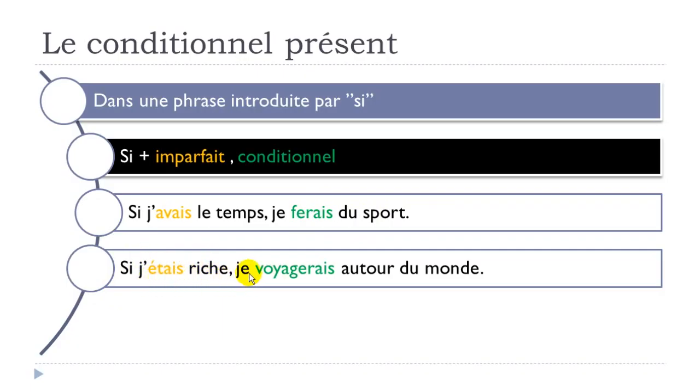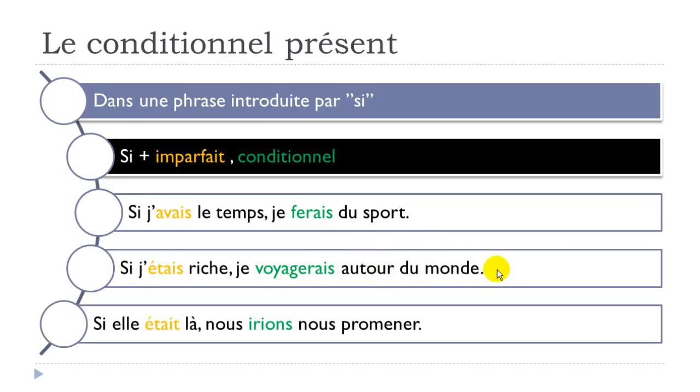Je voyagerais, voyager is to travel, autour du monde, around the world. And the last one, si elle était là, être, to be, là, here, nous irions. Remember it was aller, to go, and it becomes ir, irions, nous promener. Se promener, to have a walk.